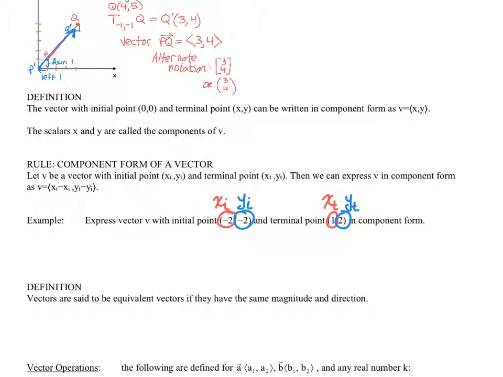Then vector v is going to be equal to the differences. So 1 minus negative 2, and then 2 minus also negative 2. So 3, 4.